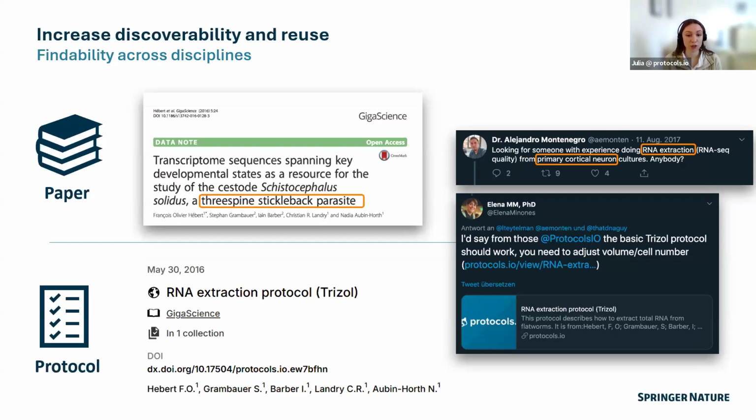Now, someone who's studying primary cortical neurons might not necessarily be searching the literature to find a paper on fish parasites. But someone came along and pointed to this basic TRIzol protocol on protocols.io. And so this other researcher was able to find this RNA extraction protocol, and it wasn't hidden within the supplementary information of a paper on a fish parasite.